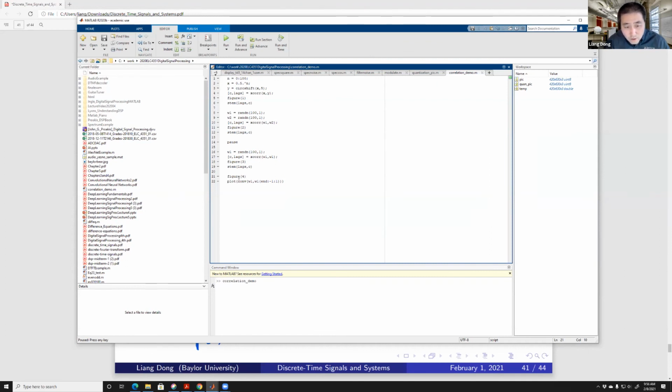Figure 4 plots a convolution between W1 and the inverse of W1, which is W1 from the last element with step size -1 back to 1. So I'm doing a time reversal of W1. These two pictures, 3 and 4, should give me the same result.